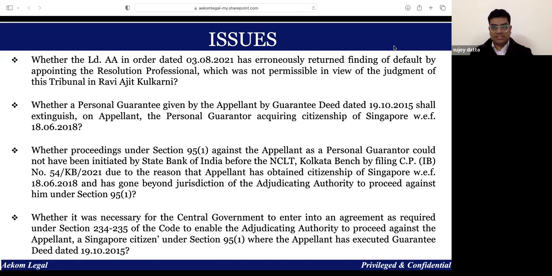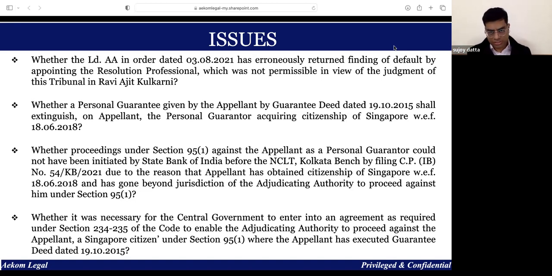and in my opinion, there's a default. Then that is not permissible, because then what will the RP decide? The NCLT, by reaching a preliminary finding by saying that there is a default, at the stage that it is sending the matter to the RP, prejudices the mind of the RP, and it comes into the stage of deciding default, which ought to come only after the report is actually submitted.